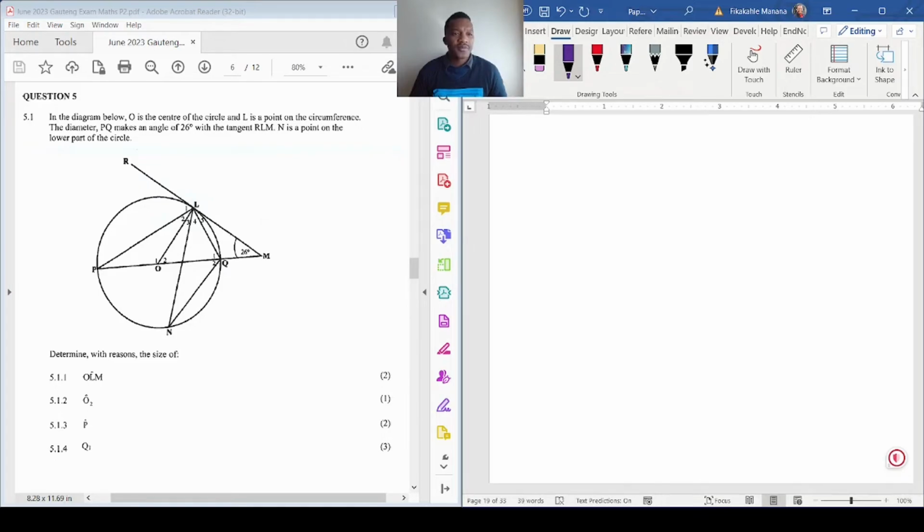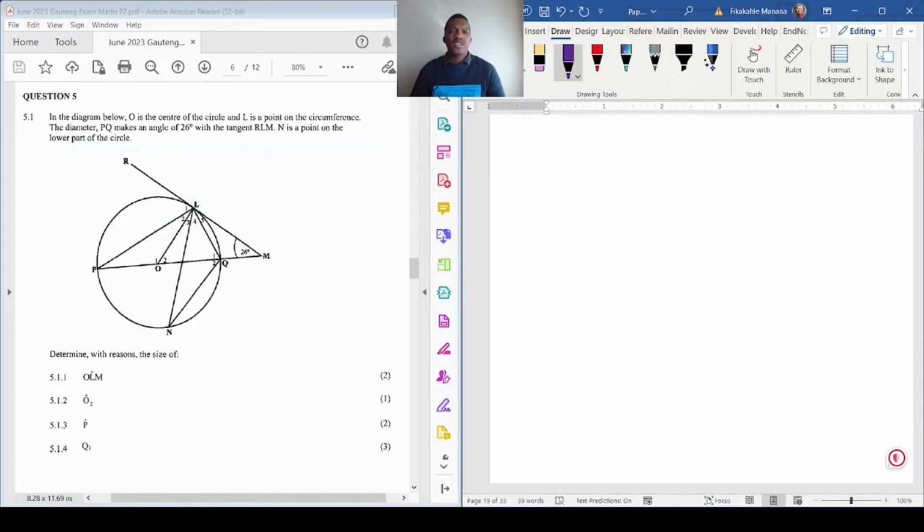I see it. The diameter PQ makes an angle of 26 with the tangent RLM. N is a point on the lower part of the circle.